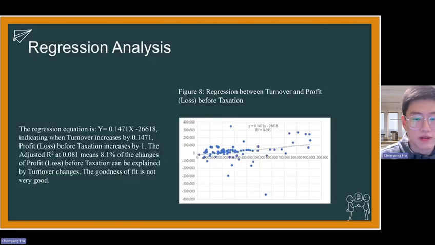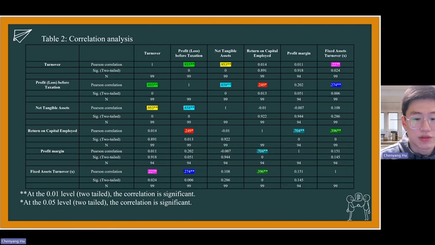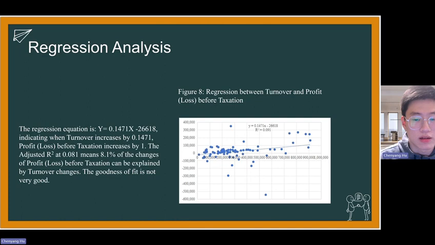I analyzed the causal relationships between the independent variable turnover and the dependent variable profit and loss before tax, as well as between the independent variable profit margin and the dependent variable ROAS. Excel scatter plots show that these 2 sets of variables are linearly related respectively, so they can be used for univariate linear regression.